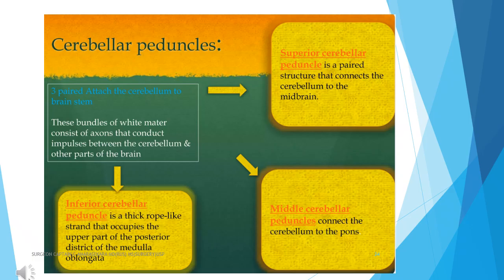These peduncles form the input-output architecture of the cerebellum. Input: middle and inferior peduncles bring in sensory and cortical data. Output: superior peduncle sends refined motor instruction back to the CNS.